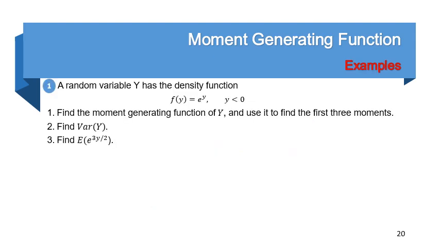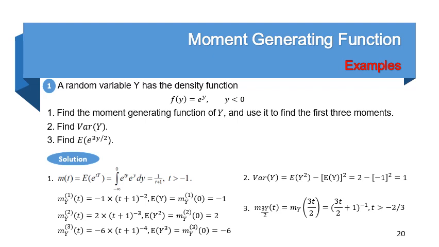This is an example, and in this example, he gave me the density function, or the probability density function, as the function you see before you: f of y equal e to the y, and your variable y works for y less than 0. So it means that your variable works from minus infinity.